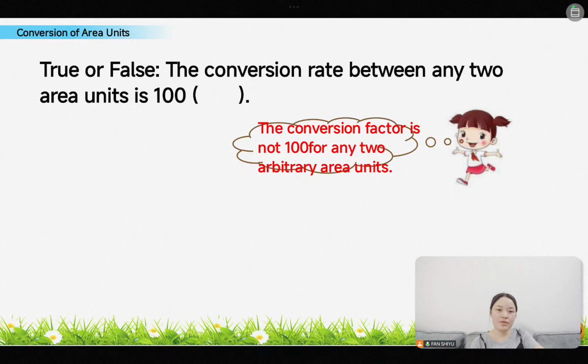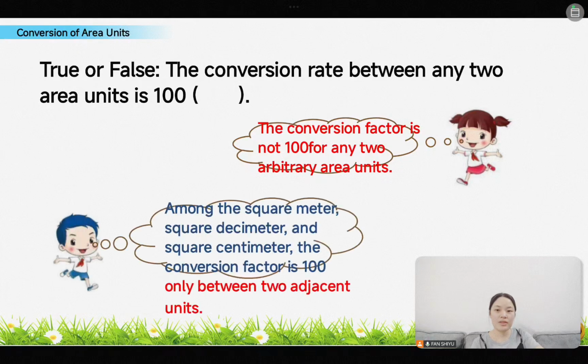The conversion factor is not 100 for any 2 arbitrary area units. Among the square meter, square decimeter, and square centimeter, the conversion factor is 100 only between 2 adjacent units. So this question is false.